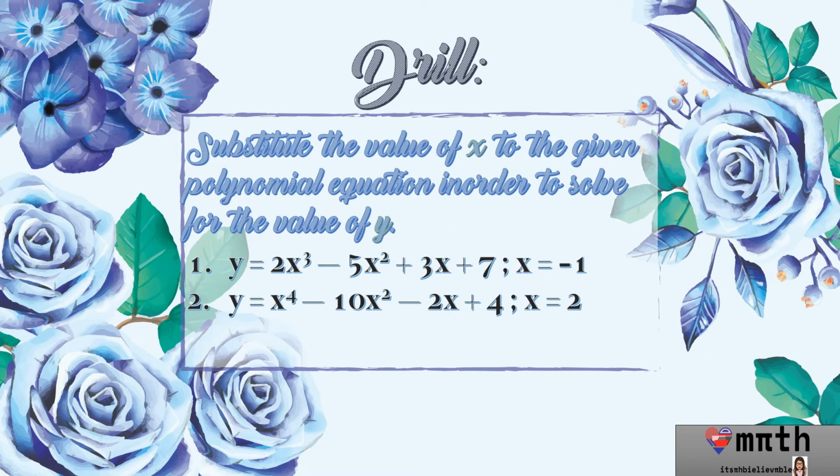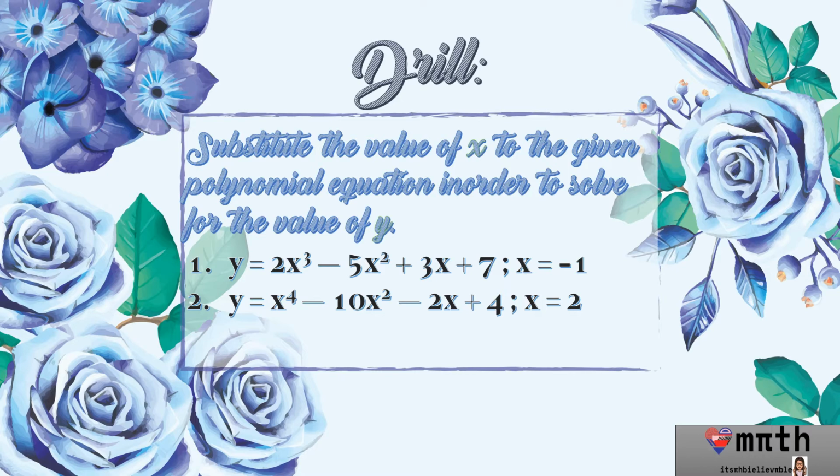Since we are done with the objectives, let us move on with our simple activity. This drill is to substitute the value of x into the given polynomial equation in order to solve for the value of y. Number 1: y is equal to 2x raised to 3 minus 5x squared plus 3x plus 7, wherein x is equal to negative 1.